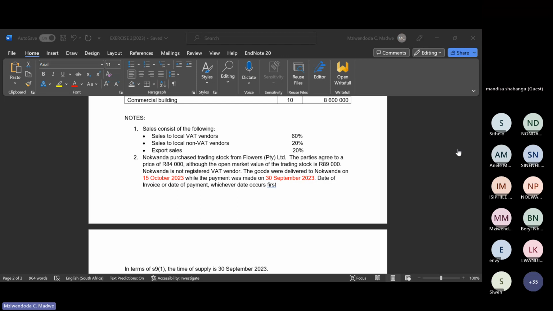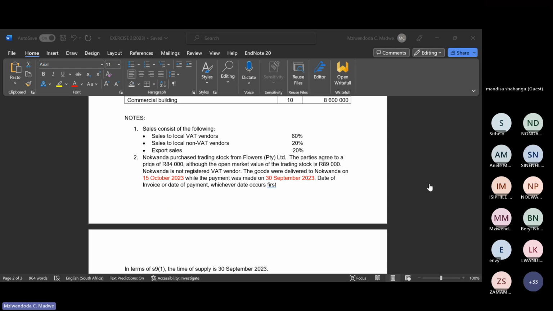Okay. So now you've got 2 dates. First of all, you indicated that the time of supply is 30 September. Now, if you go to section 9, subsection 2, the time of supply, they are saying now is 15 October. So you have to conclude now, which is which between the two? Which one is going to be the final time of supply?